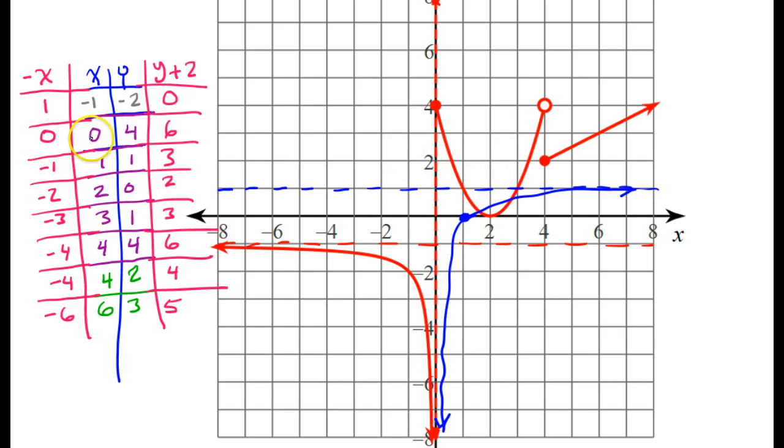The next few points are from the parabola. So I've got 0, 6, that's going to be right here. Then I've got negative 1, 3. And negative 2, 2. And negative 3, 3.